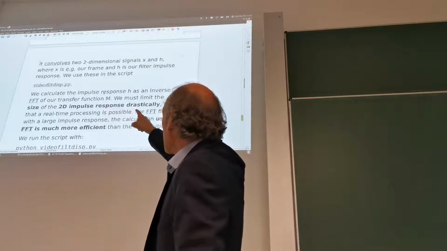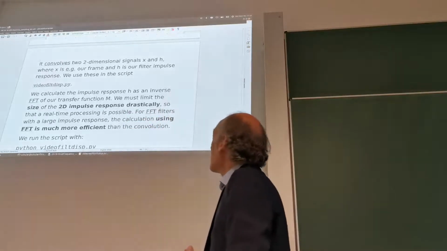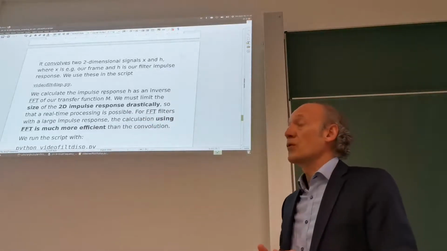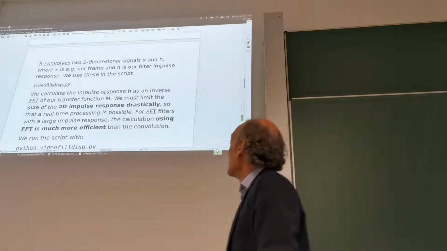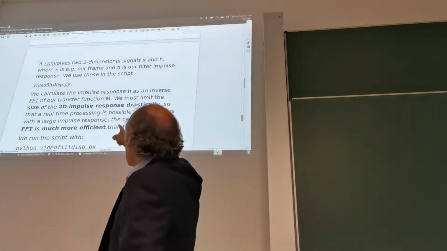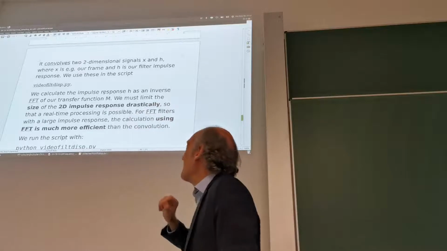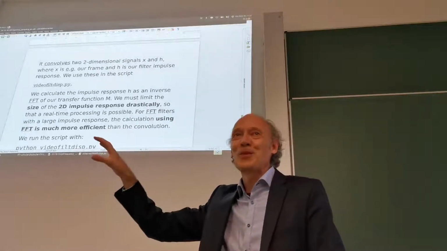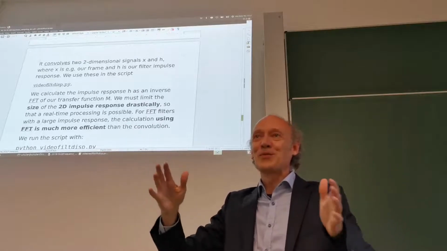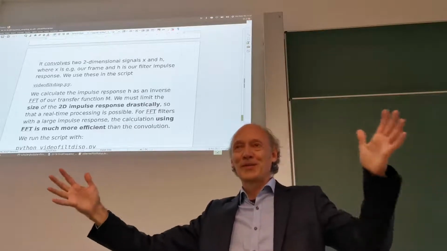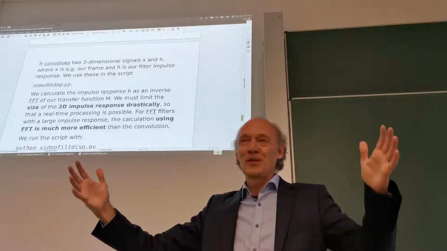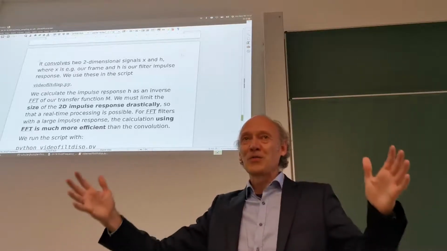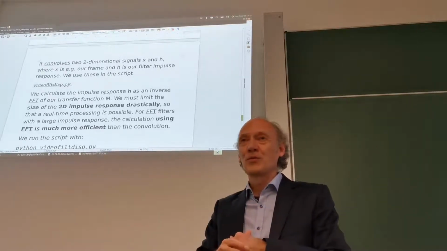So here we calculate the impulse response h as an inverse FFT of our transfer function m. And we must limit the size of the 2D impulse response drastically so that real-time processing is possible. So this is the problem that I was mentioning before, right? Like those 40 pixels that we saw. Turns out actually 40 values for each new pixel is too much to compute in real time.